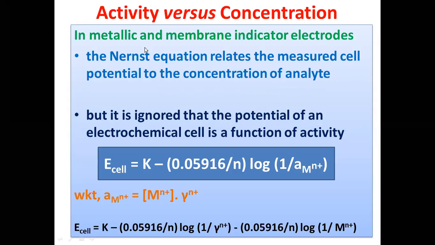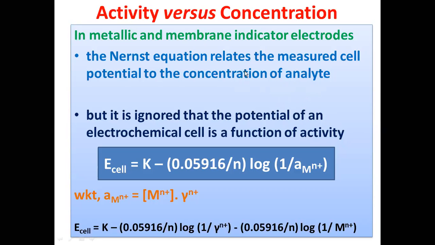If it is a metal, E cell will be E naught minus 0.0591 divided by n into log of 1 over the concentration of M n+, where E naught can be replaced with a new constant K if it is a membrane potential. We ignored, while writing the Nernst equation, that not the concentration of the analyte but the activity of the analyte must be written.